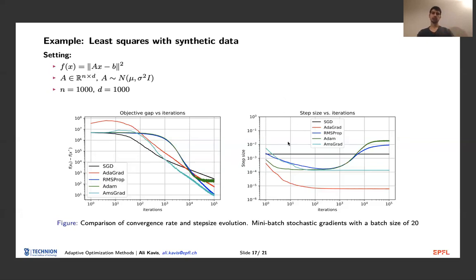And if you look at the step sizes, for SGD what you see here is the initial step size of SGD. The interesting thing is they are all starting from more or less the same point in terms of their step size. AMSGrad and AdaGrad are monotonic and they converge to a certain value. But what happens with RMSProp and Adam is that in this region, they probably observe gradients with decreasing magnitudes, and then their step size starts to increase.